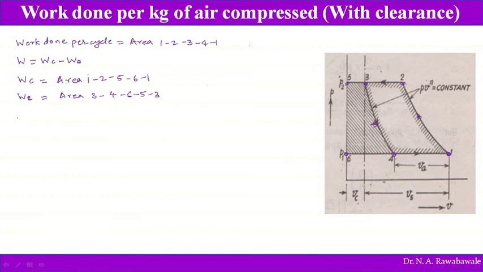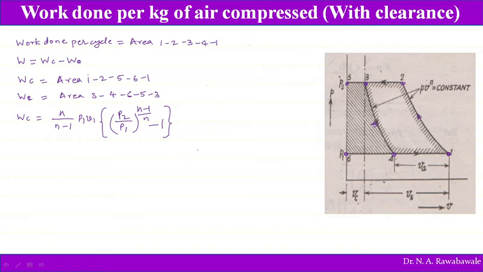Now we know work done during compression without clearance is already calculated, which is given by n divided by n minus 1 P1 V1 [(P2 divided by P1) to the power of (n minus 1) divided by n minus 1].